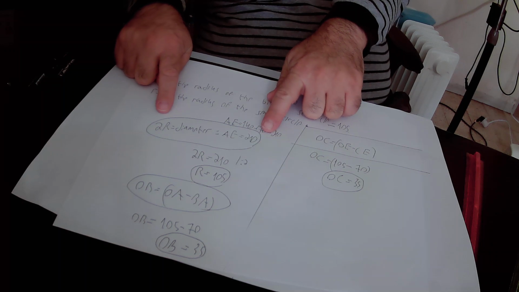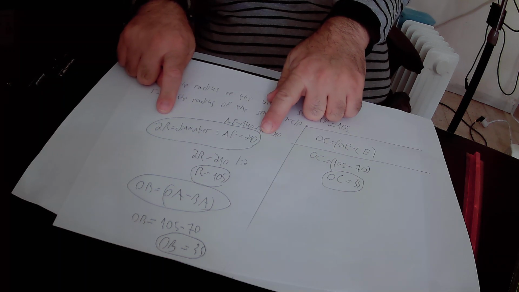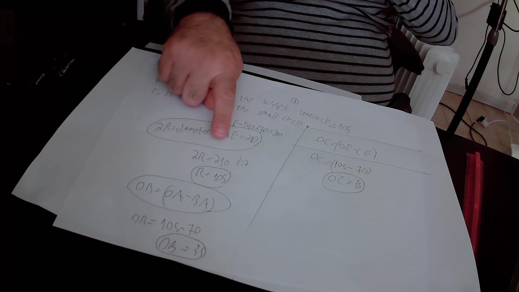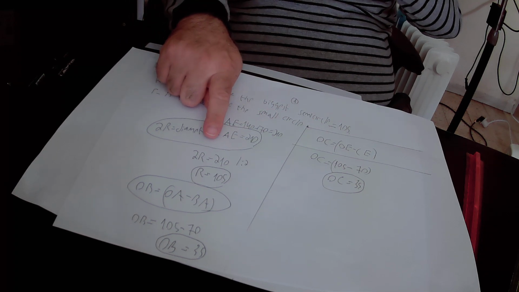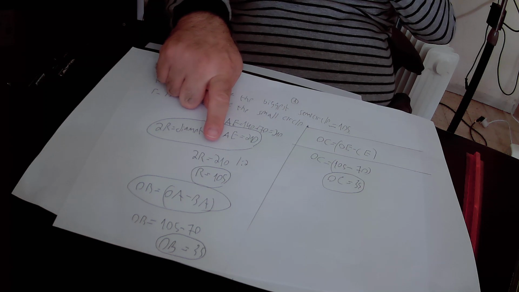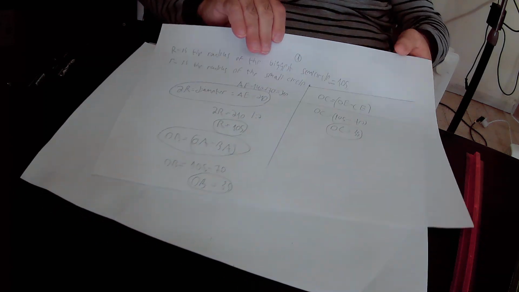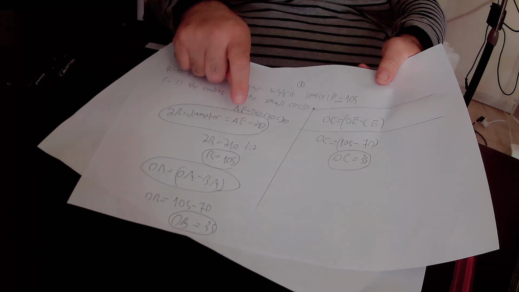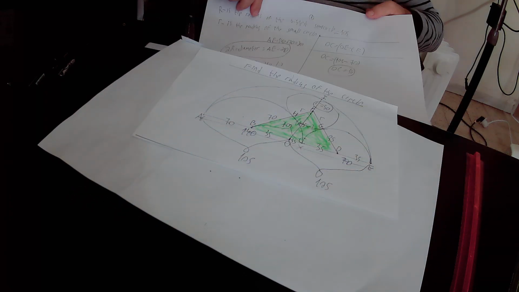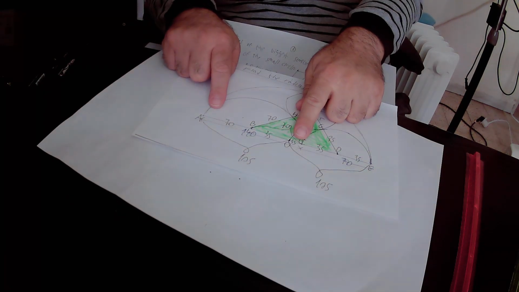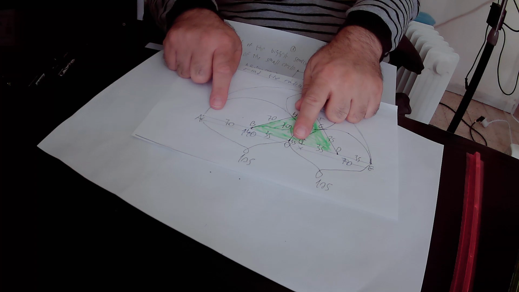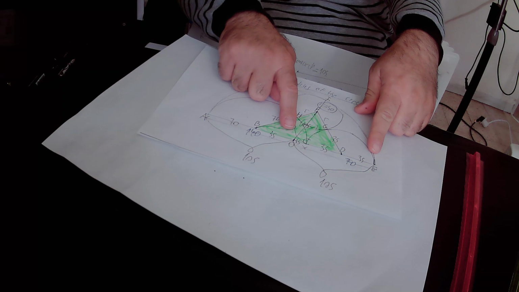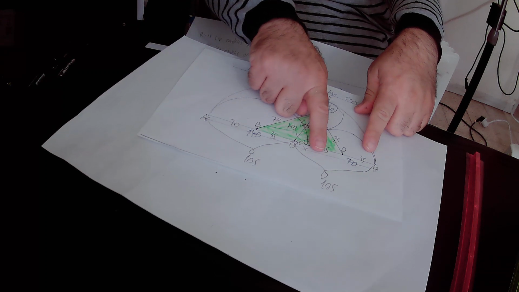We divide this equation by 2 and find that capital R, the radius of the biggest semicircle, equals 210 over 2, which is 105 units. So AO, the radius of the biggest semicircle, equals 105 units, and also OE equals 105 units.